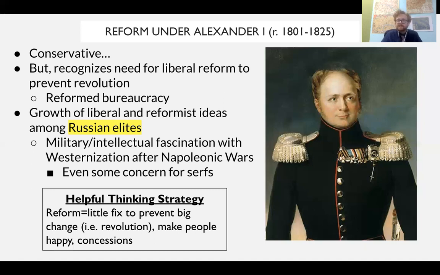There's especially fascination with how Napoleon structured his army. So the invasion by Napoleon is leading to calls to emulate the French by the Russians. There's even going to be some concern by these military elite for the plight of peasants. We need to do something to alleviate the suffering of the serfs.